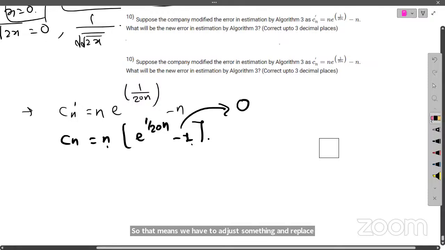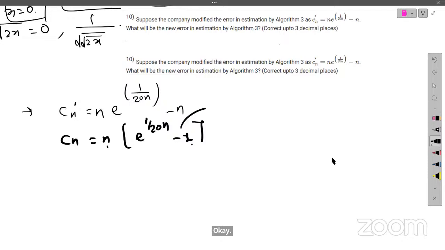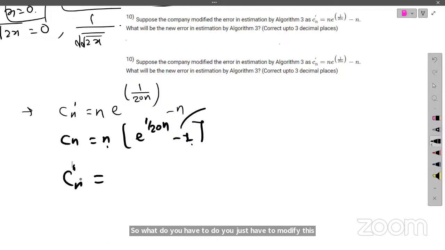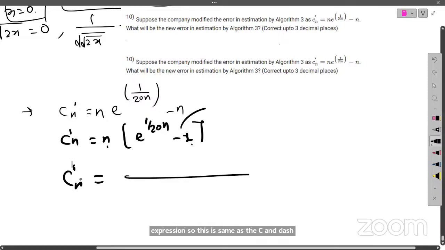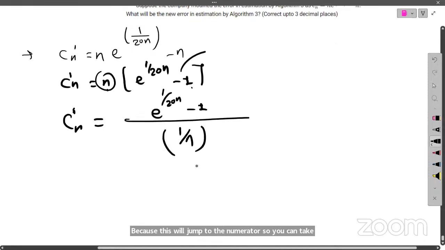So we modify this expression: c n dash is the same as e to the power 1 by 20n minus 1, upon 1 by n, because the n jumps to the denominator as 1 by n.